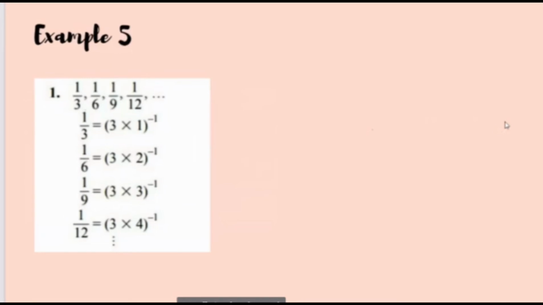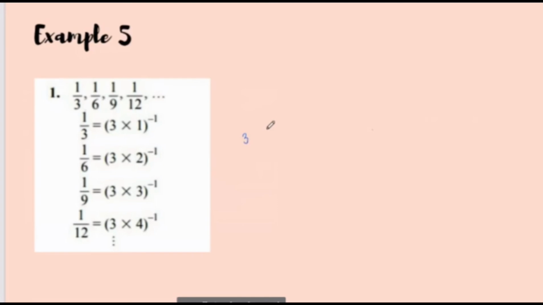That is example 5. This is the harder one. You need to observe it. First of all, find what the similarities and the differences are. We look at the number 3. They all are the same. So you can just write down 3. And also the power of negative 1.